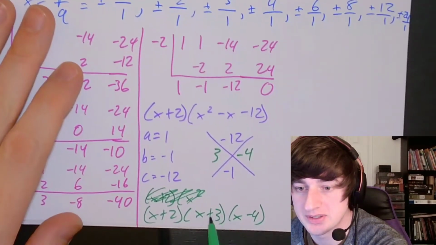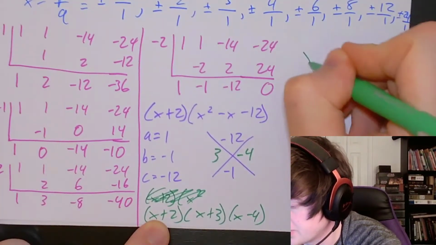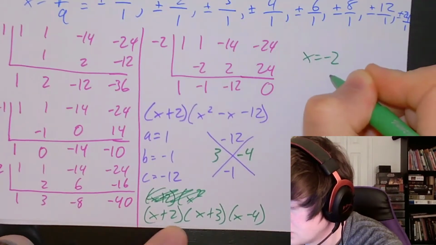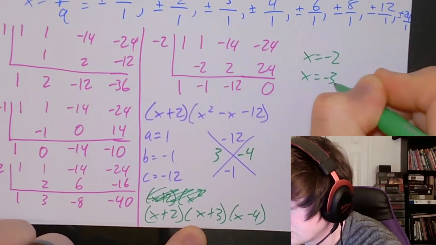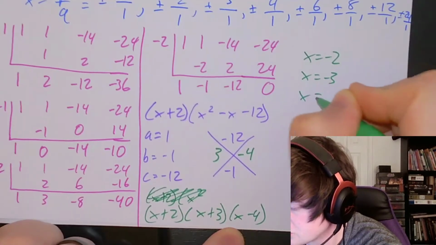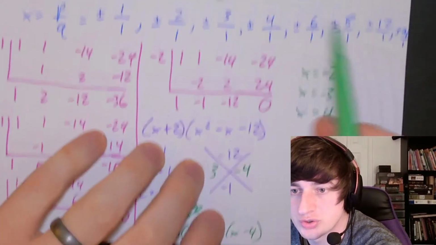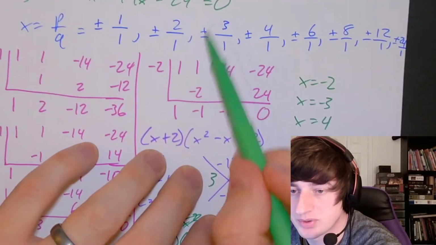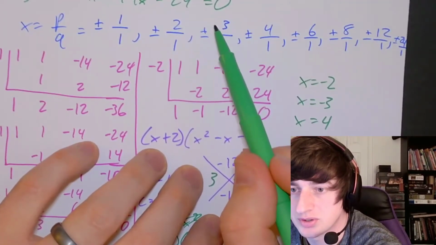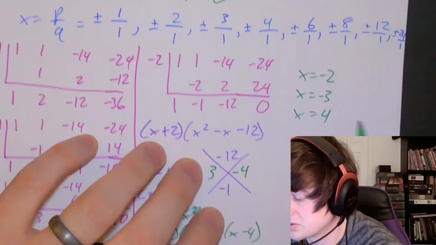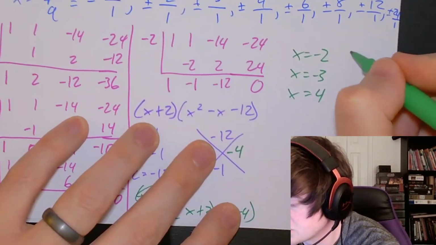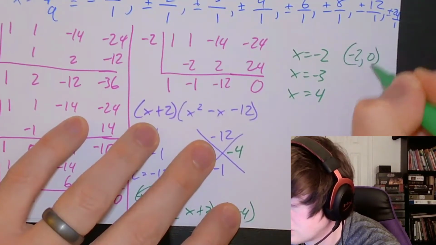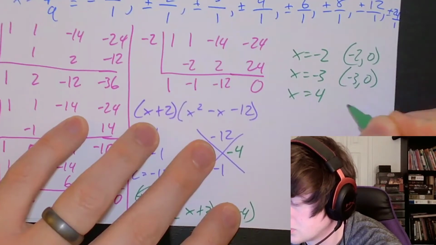Okay, so that means that our solutions are x equals -2, x equals -3, and x equals 4, which do show up in this list, right? We have a plus or minus 3 here, so it's -3, and plus or minus 4, it was positive 4. And that means we also get -2 comma 0, -3 comma 0, and 4 comma 0.